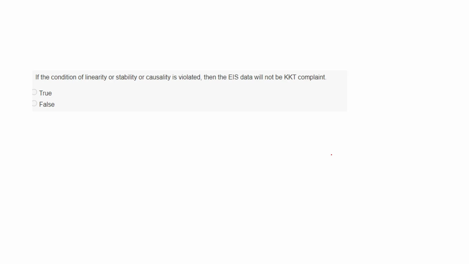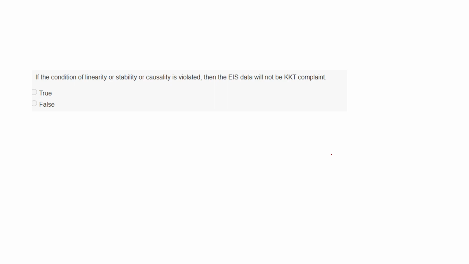The system should have linearity, stability, and causality, otherwise you cannot accept the KKT. But here the question is, if any one of these conditions is violated, will it say it is KKT compliant or not?